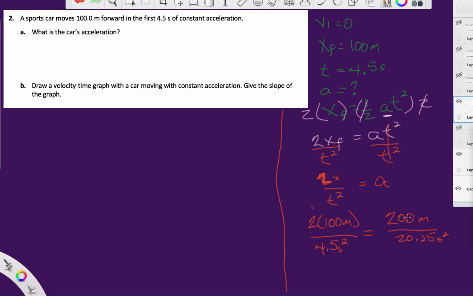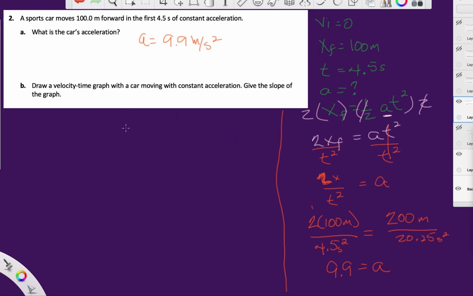And when we divide 200 by 20.25, we get 9.9 for A. All right, so there's the first part. My acceleration is 9.9, and then we had these units here, meters per second squared.